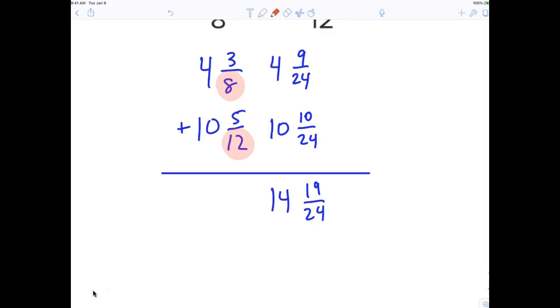No, 4 is not divisible by 8. 4 is a factor of 8. 24 is divisible by both 8 and by 12. That's how we're finding that number. Now, pay attention on the next problem, and you can do better.